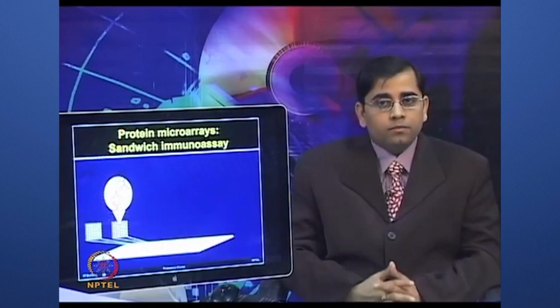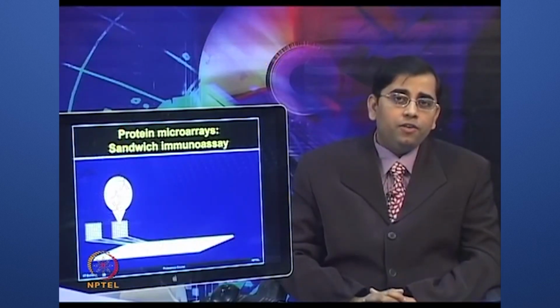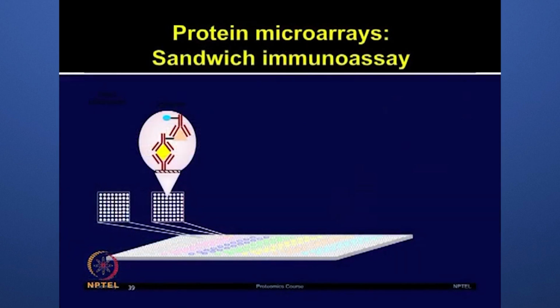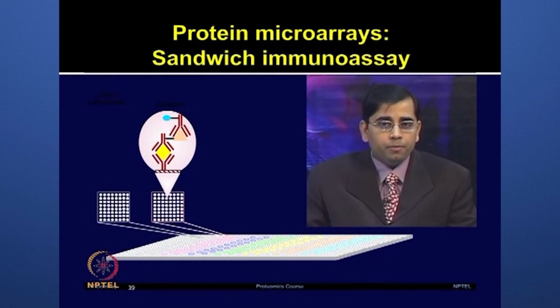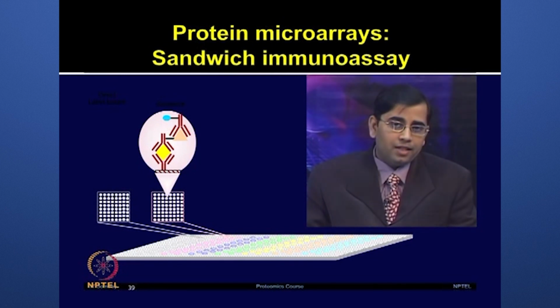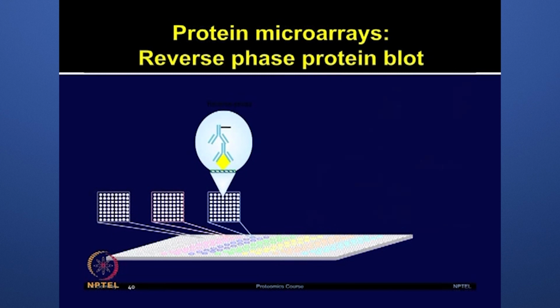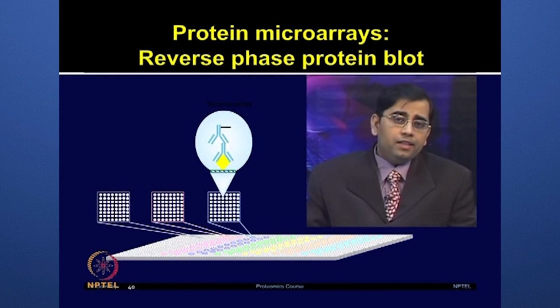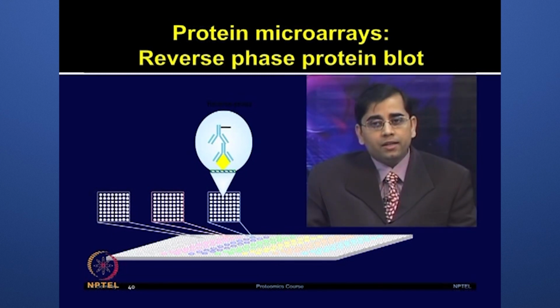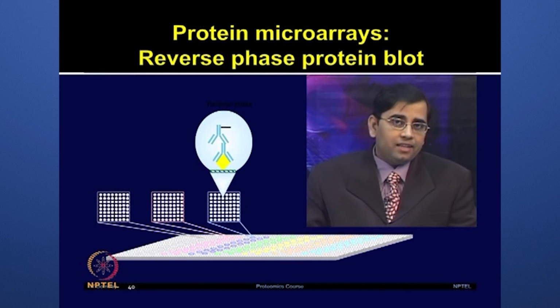Now, the other approach is sandwich immunoassay, in which the target protein is captured by an antibody followed by detection with a labeled secondary antibody as shown in the slide. The reverse phase protein blot. In this method, complex mixtures such as cell lysates are printed and probed with the specific detection labels.